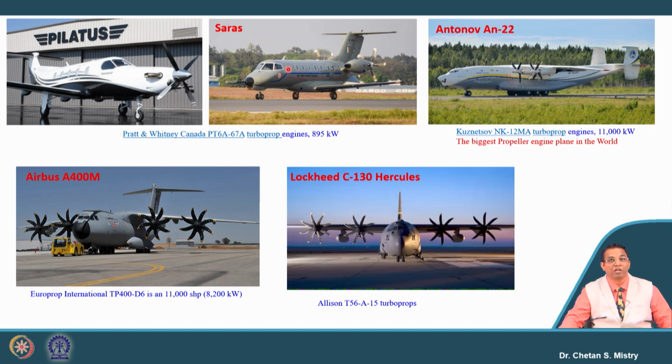For Saras, I'm sure you must be aware, this is a development by the Indian government, NAL Bangalore. It is involved greatly in the development activity for the Saras. This project was started in the 80s. Later on it was stopped. The initial target was a 14-seater aircraft.